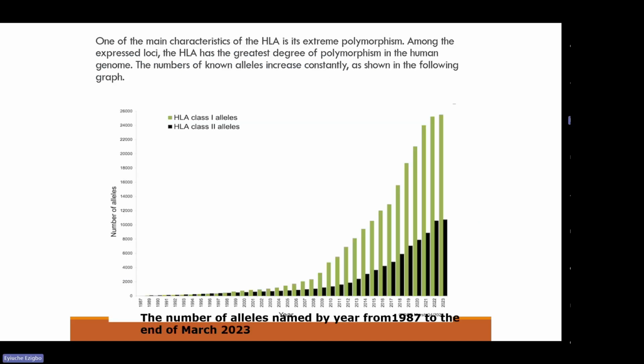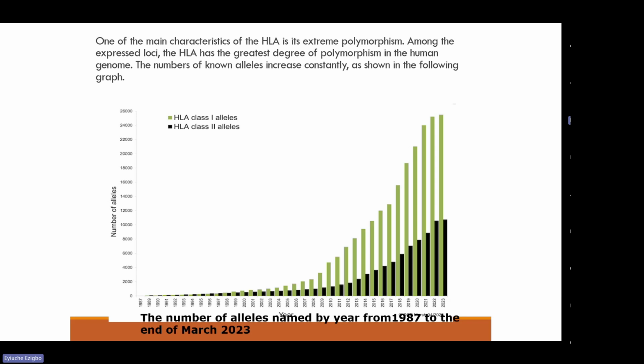So, like we said, one of the main characteristics of the HLA is its extreme polymorphism, its ability to exist in different forms. Among the expressed loci, the HLA has the greatest degree of polymorphism in the human genome. The number of known alleles increases constantly.